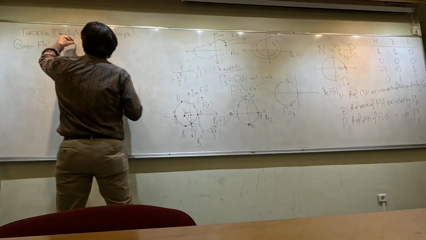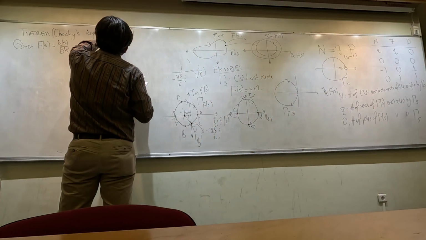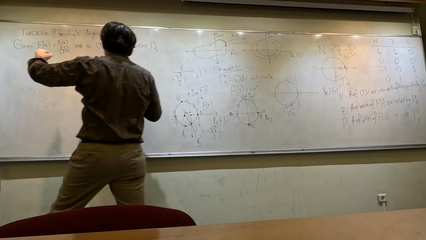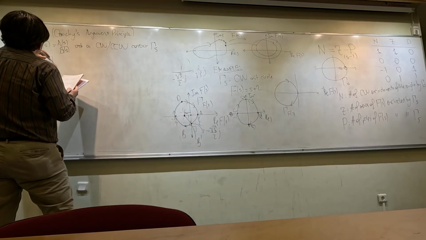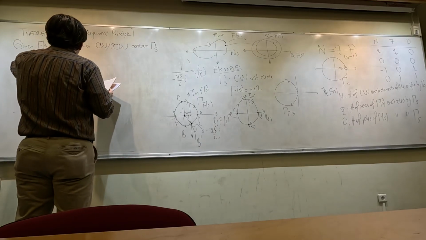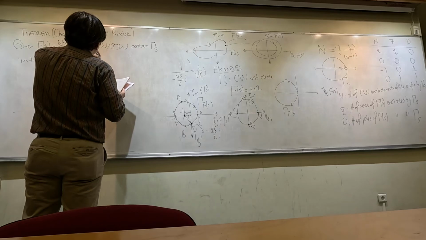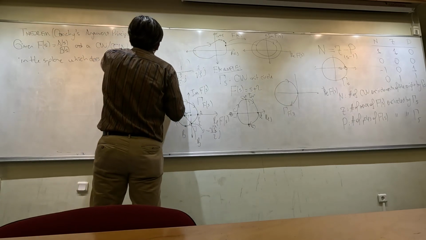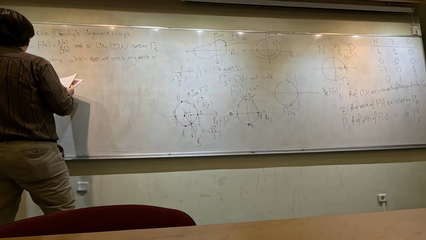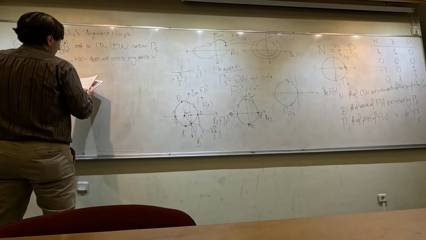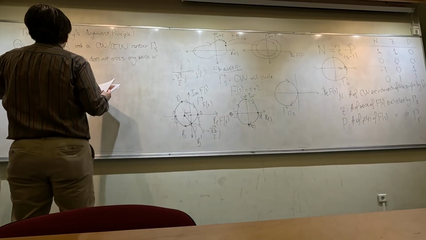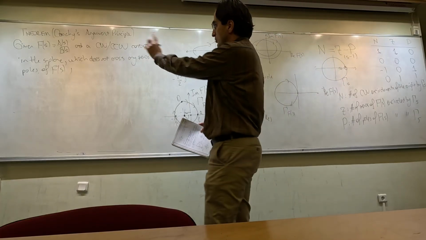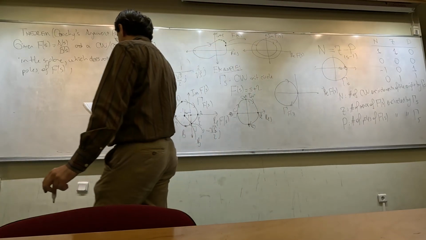And a clockwise or counterclockwise contour, gamma s, in the S-plane, which does not cross any zeros or any poles of f of s. So that is the statement which gives some condition on the original contour. The contour should not cross any zeros or poles of f of s.